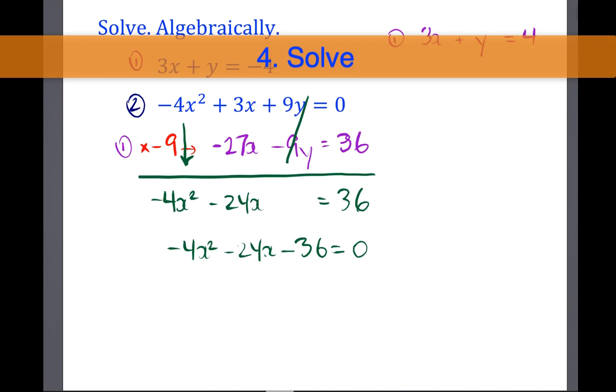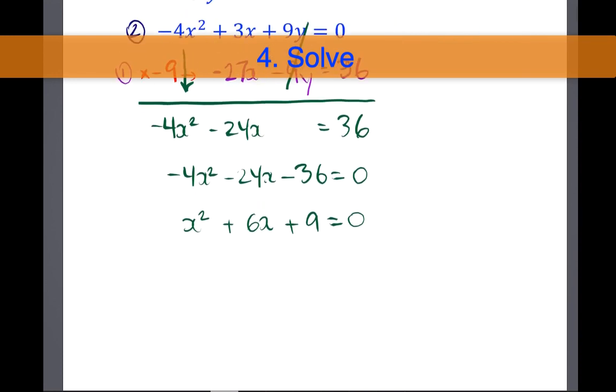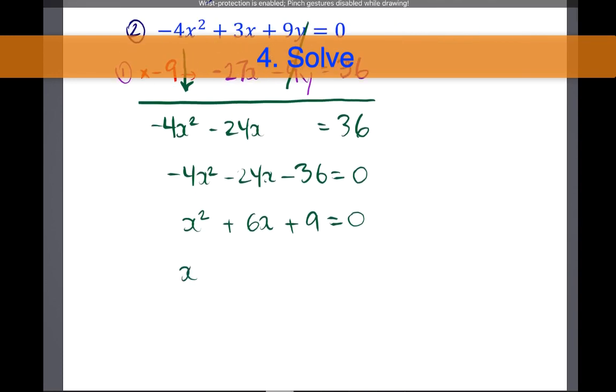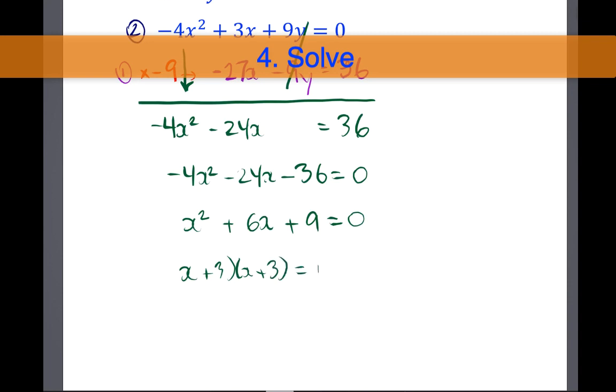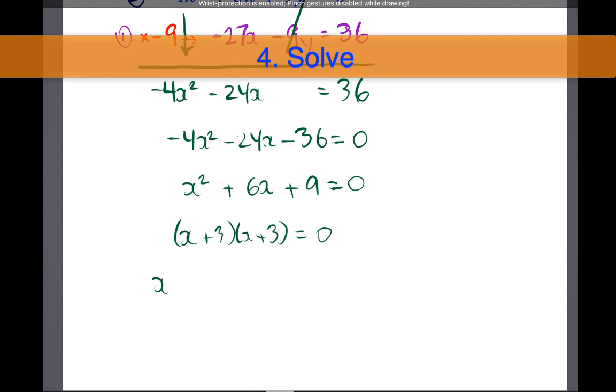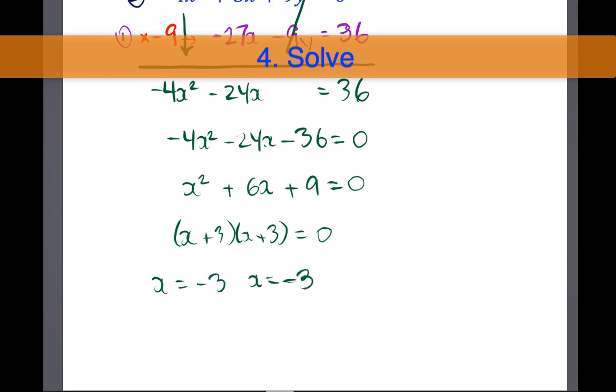If I divide every term by -4, I have x squared plus 6x plus 9 equals 0. Let's go ahead and factor. So we have x plus 3 equals 0, which means x equals -3 and x equals -3.